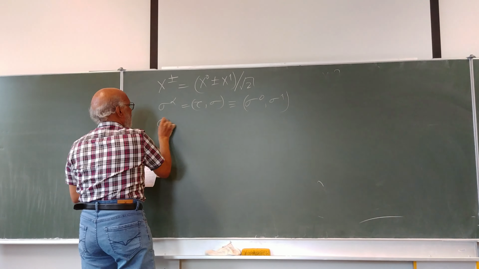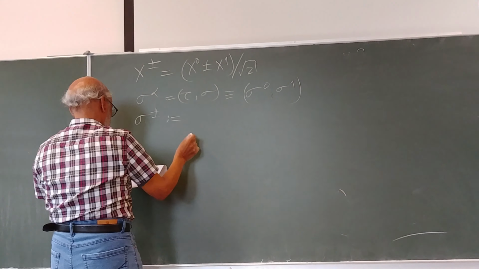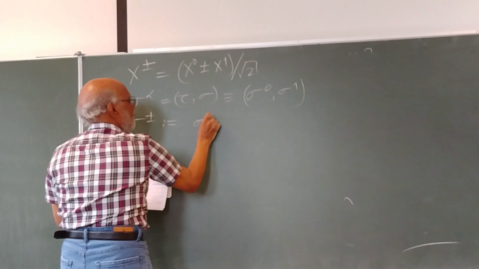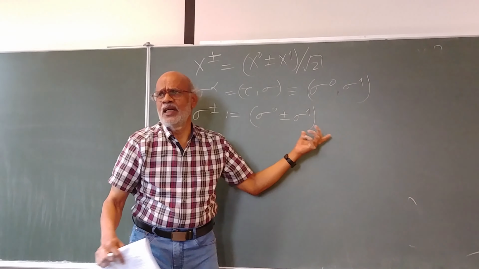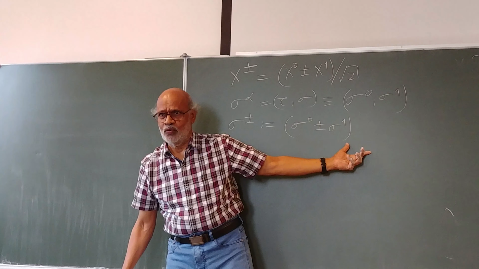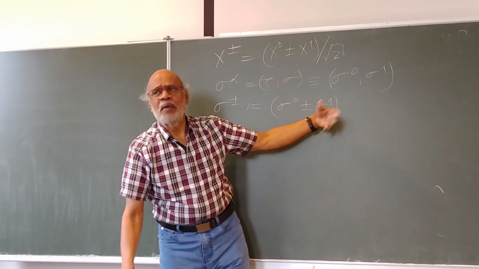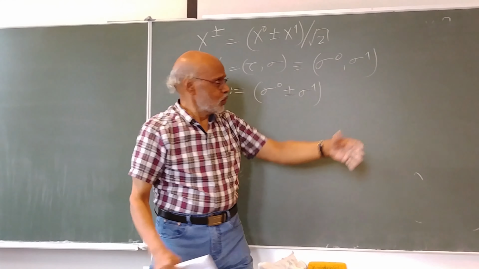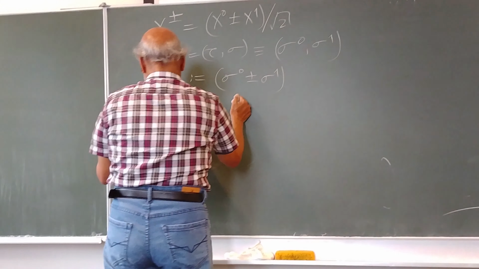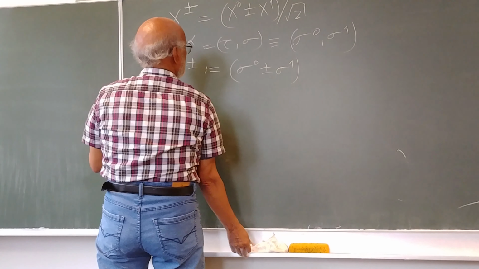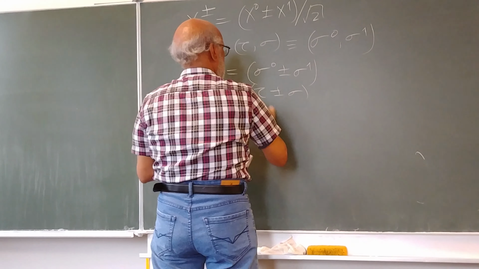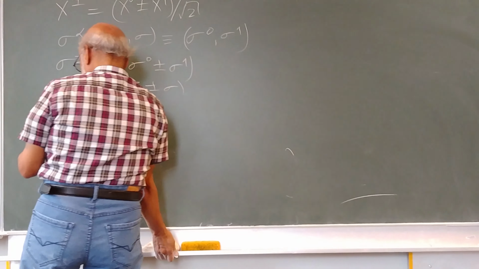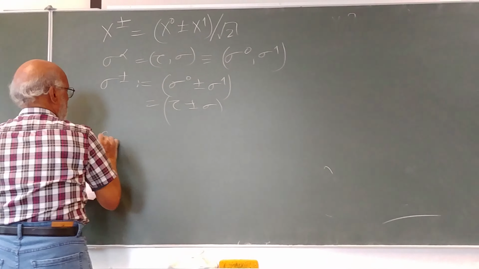Here we define sigma plus minus as sigma 0 plus minus sigma 1. So this we are doing without a factor of square root of 2, but we will watch out for this. So it is this, and this is equal to tau plus minus sigma.